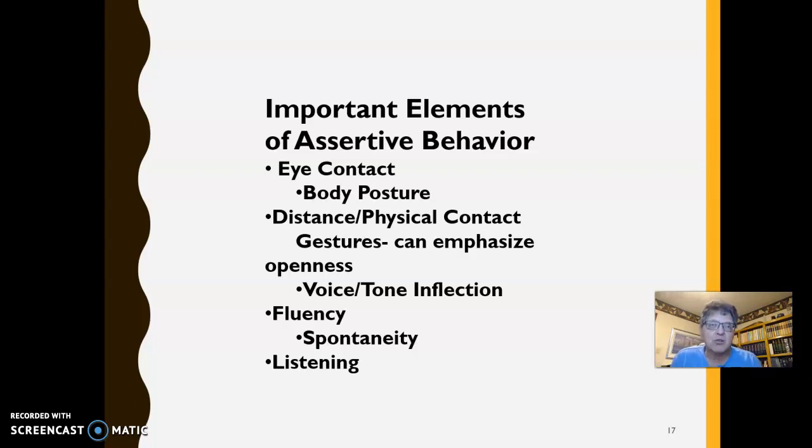That your gestures emphasize openness. That your voice and tone have good inflection. That you have fluency of speech, spontaneity of language, as well as good listening skills. So those are the things that go into good communication skills of assertive behavior.